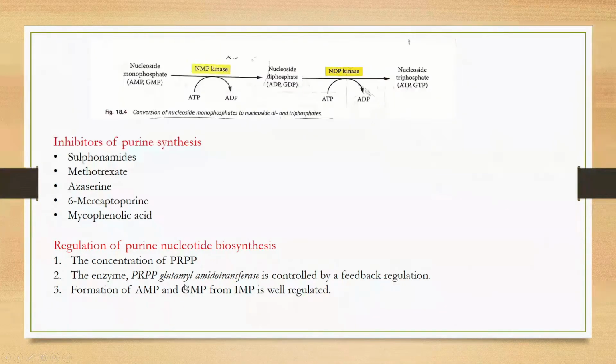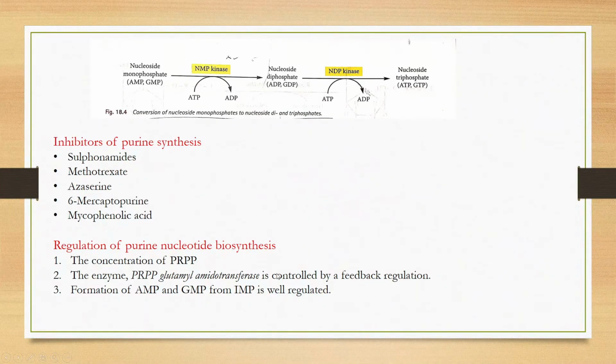Second, the enzyme PRPP glutamyl amidotransferase catalyzes the key reaction, and this is controlled by feedback regulation. If AMP and GMP levels are sufficient to meet the cellular requirements, step 2, the reaction catalyzed by PRPP glutamyl amidotransferase, is inhibited.